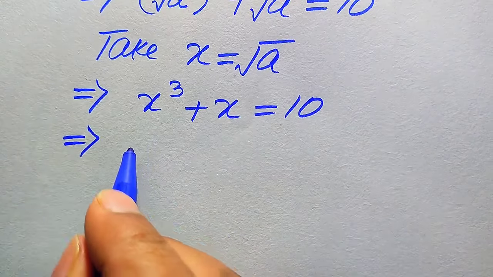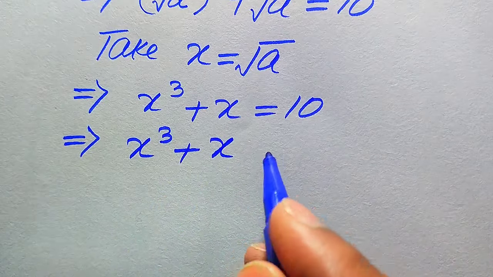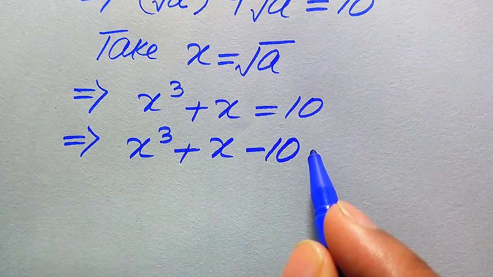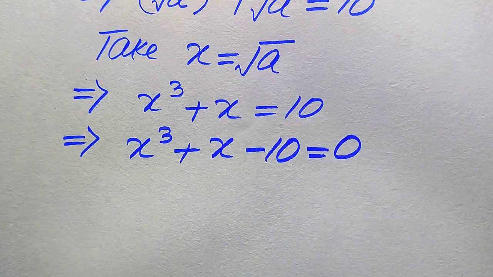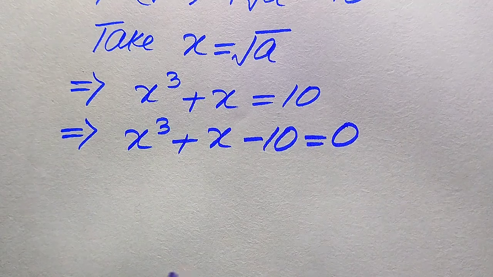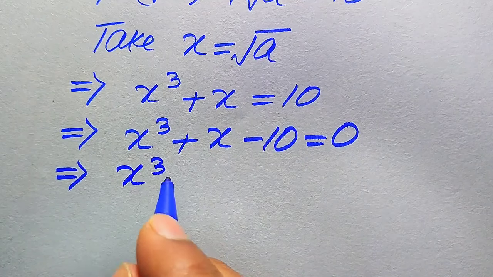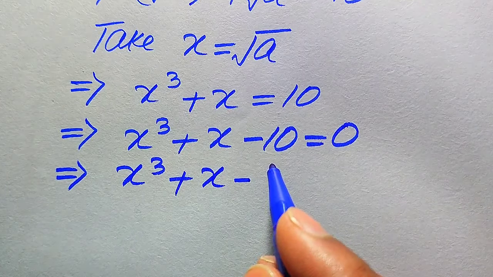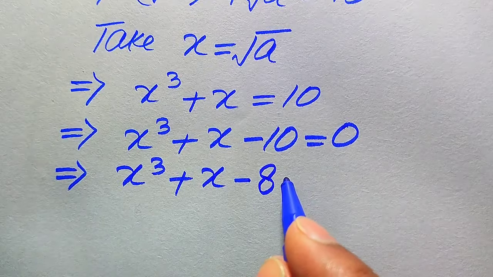Here we move this plus 10 to the left hand side, and it will be written as x cubed plus x minus 10, when we move it to the left hand side it becomes minus 10, and this whole equation is equal to 0. So here we need to break this 10, and we rewrite it as 8 minus 2.